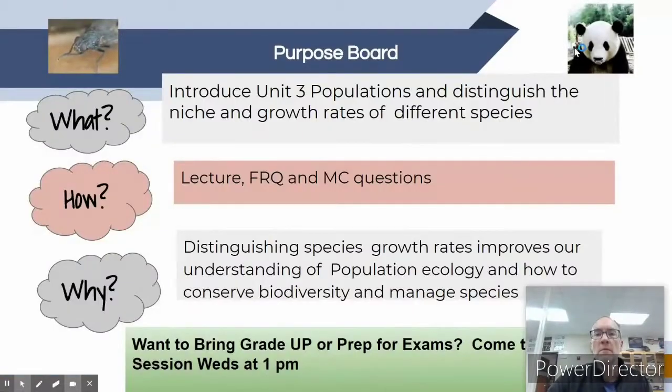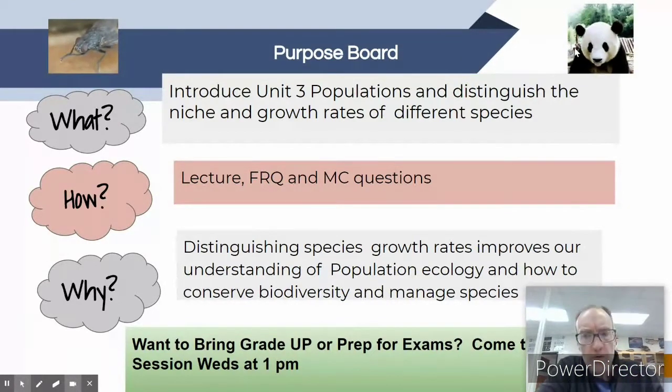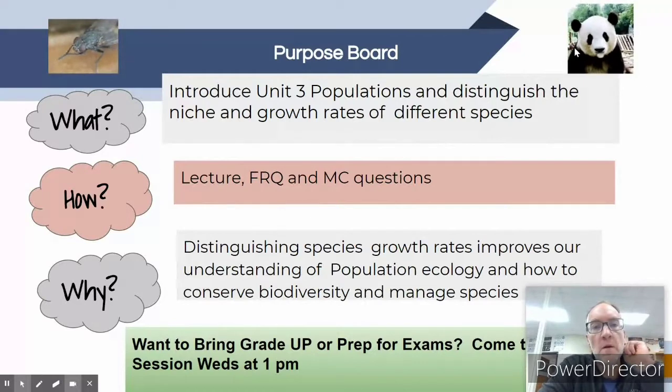All right. So our instructional purpose is to introduce Unit 3 populations and distinguish between the niches and growth rates of different species. We're going to use lecture. We're going to do some FRQ and some multiple choice in this unit.